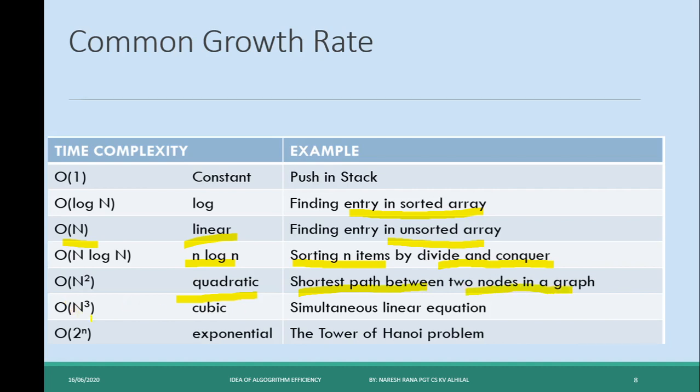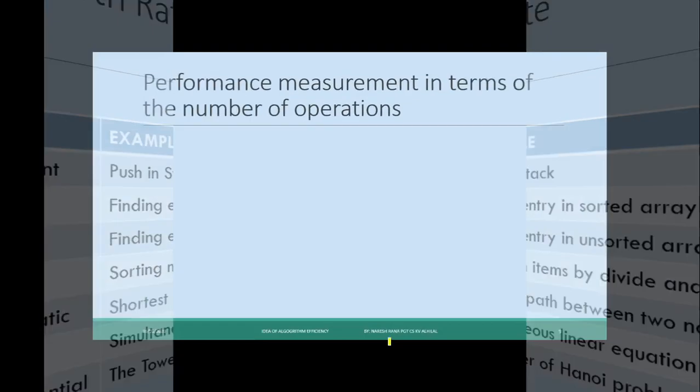O(n cubed) is cubic, for example simultaneous linear equations. O(2 raised to power n) is exponential, for example the tower of Hanoi problem. So these are the common growth rates.